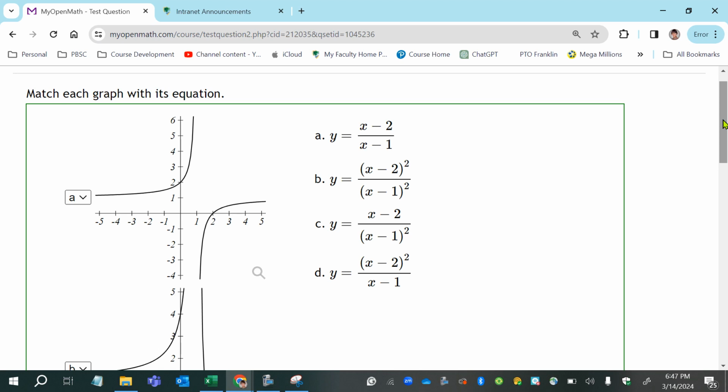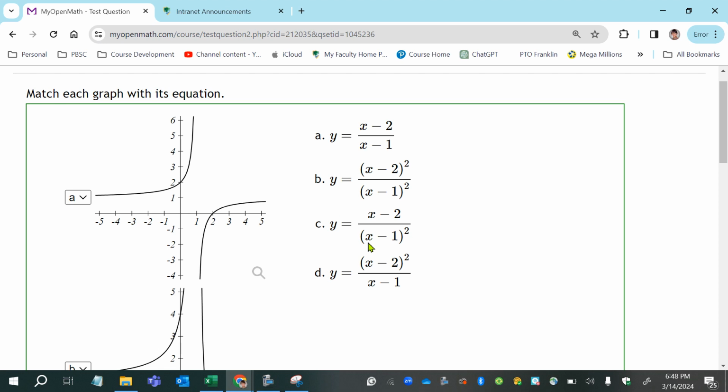We can look at horizontal asymptotes, and recalling that there are several cases. There are actually 3 cases when it comes to non-vertical asymptotes. You can have a horizontal asymptote on the x-axis, and that occurs when your function is what I call bottom heavy.